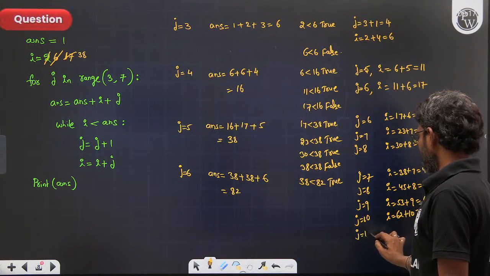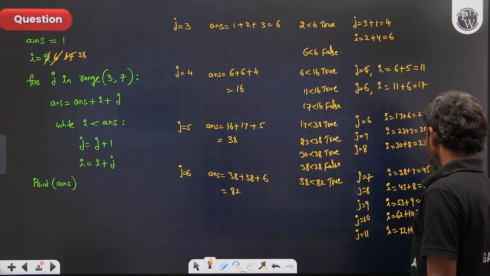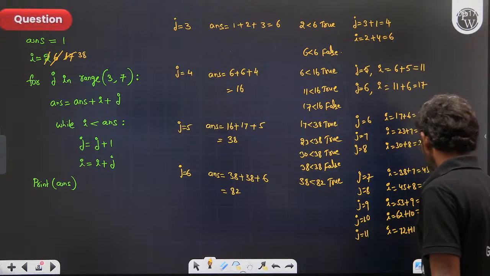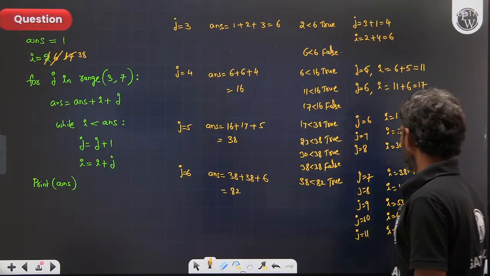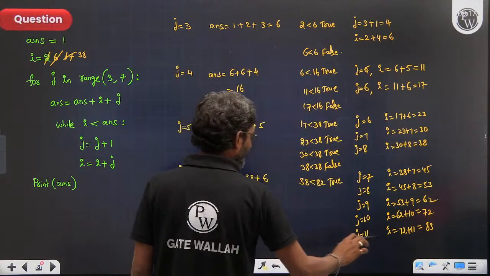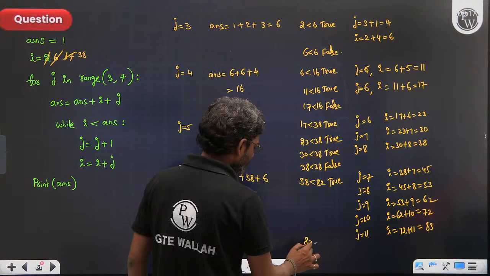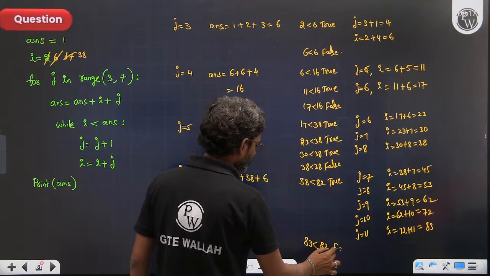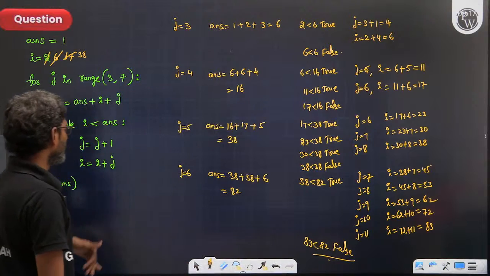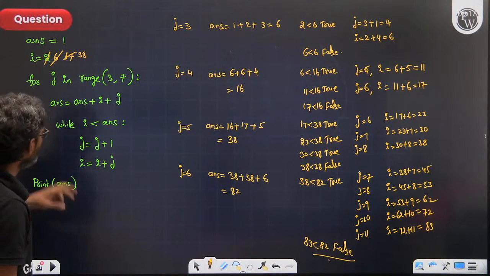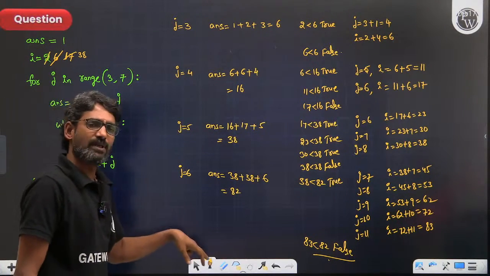When j is 11, I 72 plus 11, 83. So here it ends. When I is 83, 83 less than 82 is false. So here it ends. I have made it 3 to 7 only, so up to j value 6 it gets executed.